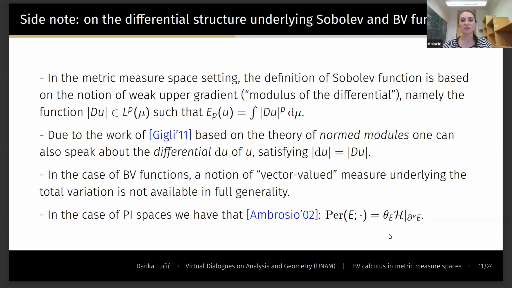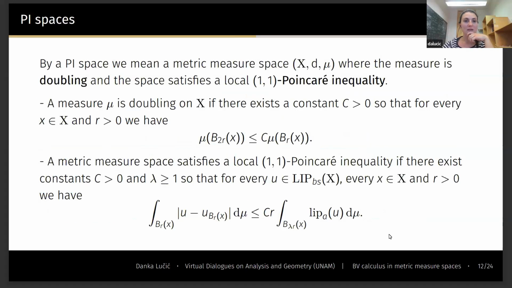Okay, so this was just a side note to tell you that the theory is developed and some things are as good as in the Euclidean setting, but from this we can see that the setting is much more general and it lacks some properties.